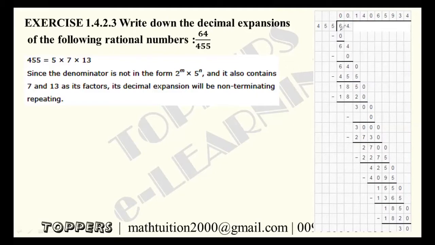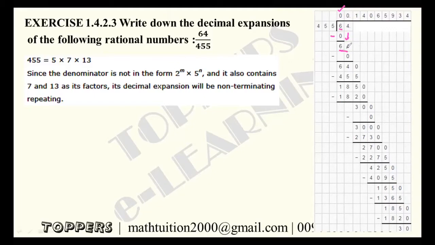Now, take the first digit 6. How many times 455? 0. 0 multiplied by 455, 0. Subtract, 6 minus 0 is 6. Bring this 4 down, so it is 64. 64 is small.